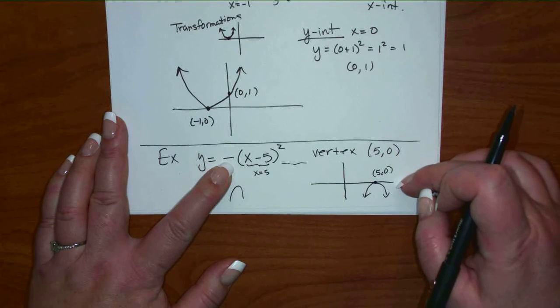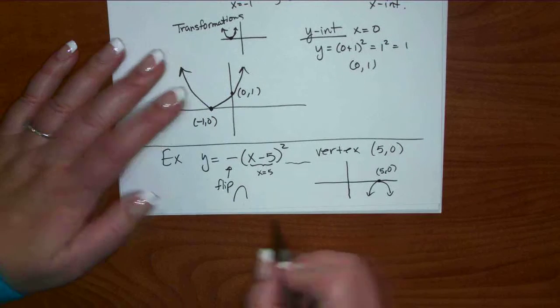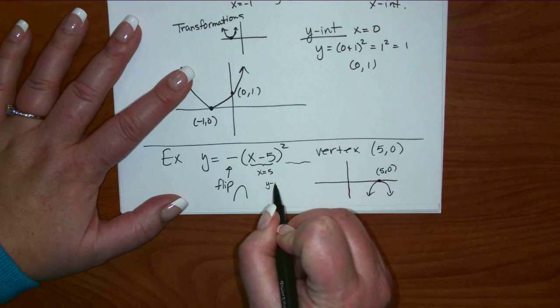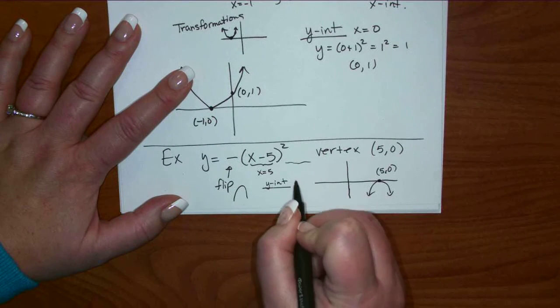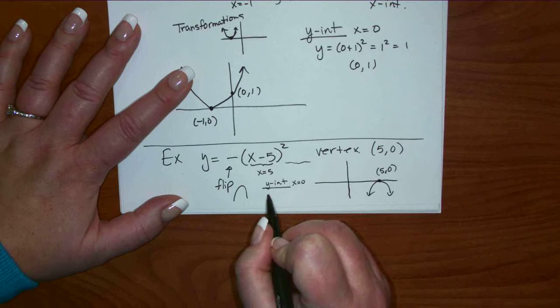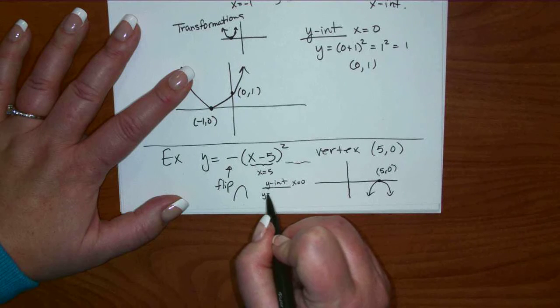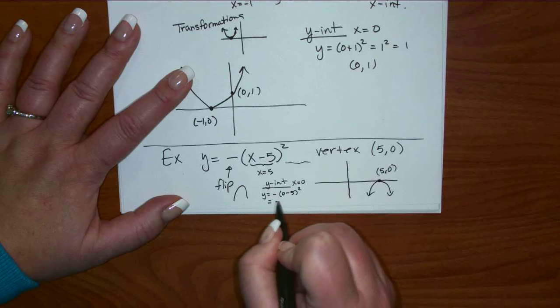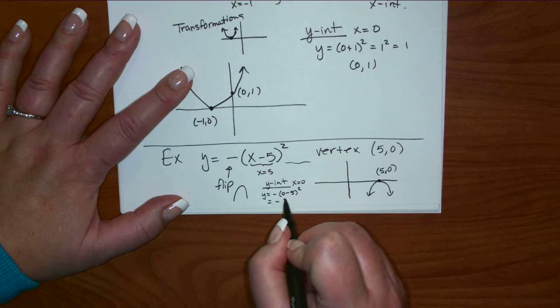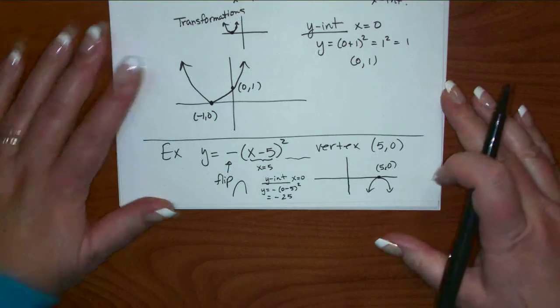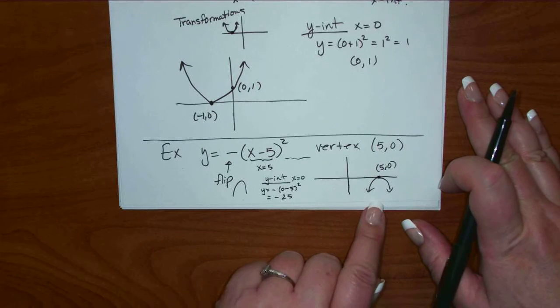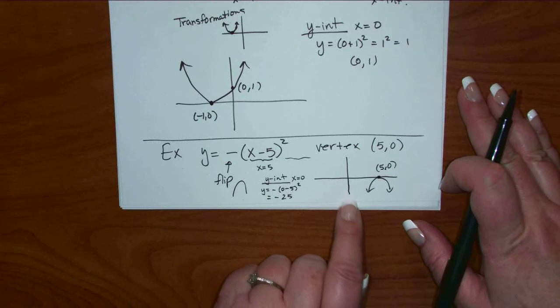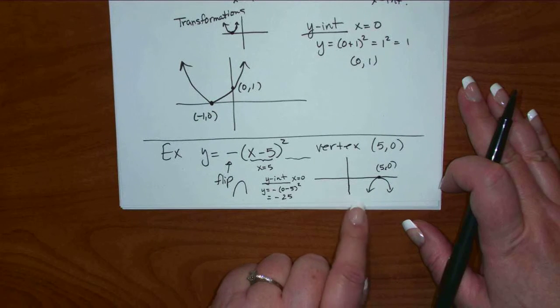Y-intercept? What would that be? Squeeze it in here. Yeah, is it 25 or negative 25? There's a negative in front, so that stays there. This would be negative 5 squared, which is 25. It doesn't make sense that it would be positive 25 anyway, right, if it's opening down. So it is good to know that with that minus that it would be down here.